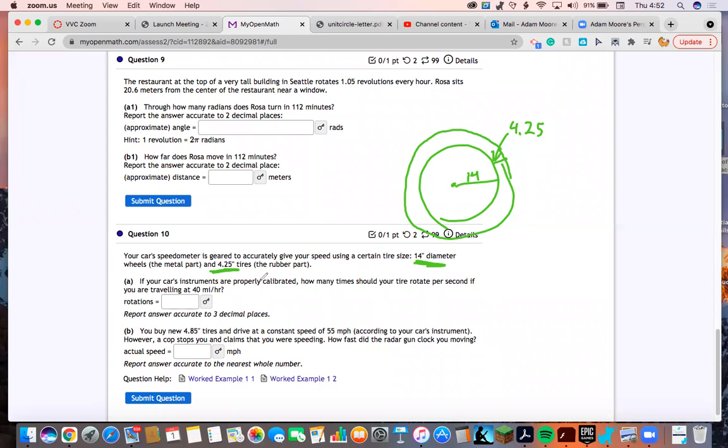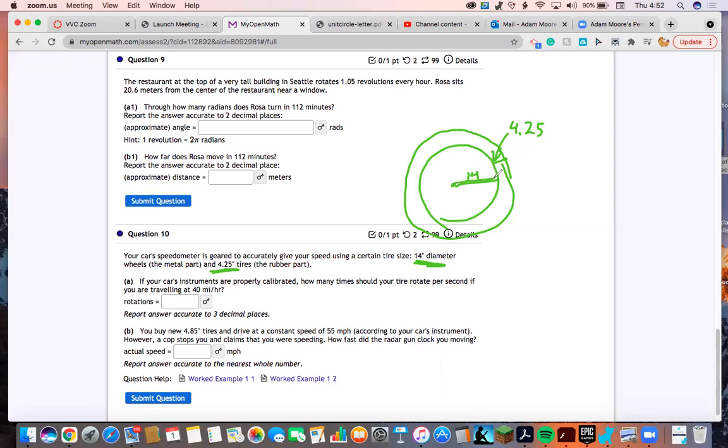To set the stage here, remember they're saying the car is programmed, because everything's computerized now, to give you speed based on the actual radius of your tire going around.